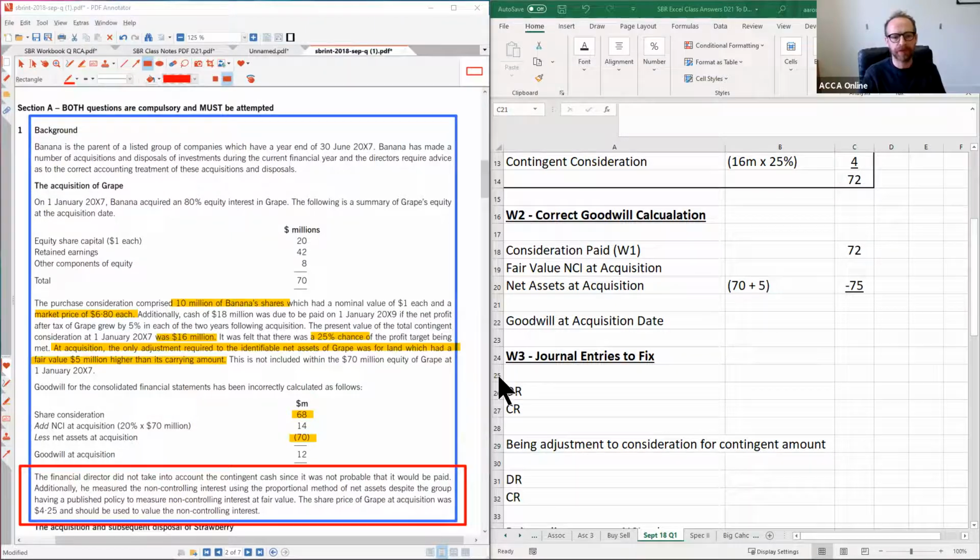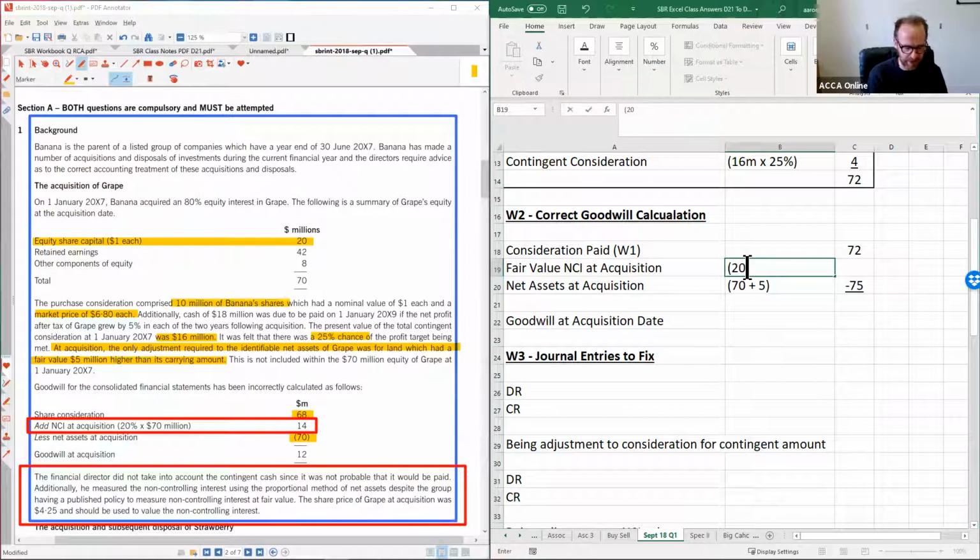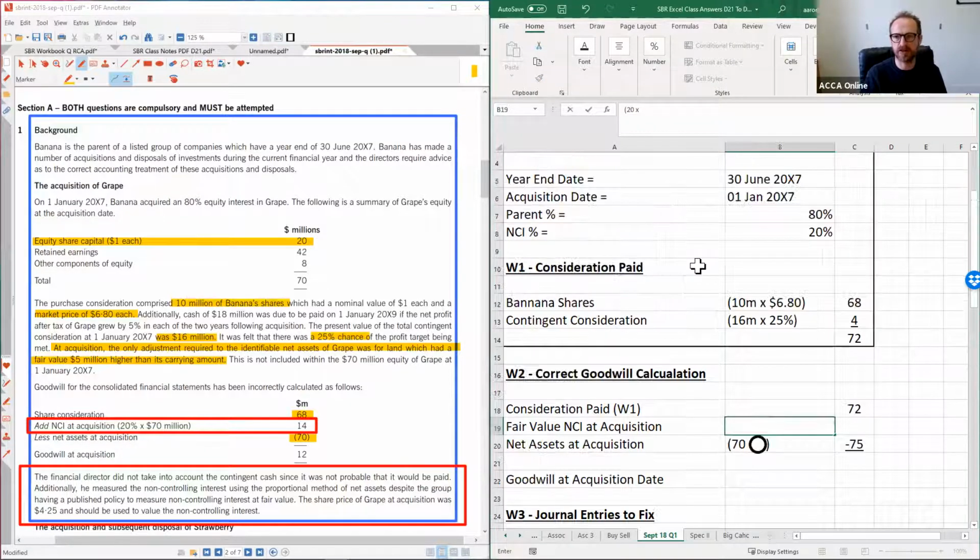Right, okay, so what does it say here? It says that they have incorrectly used the proportional method in here. So they have taken 20% of the net assets, when actually it's their policy to use the fair value. Fair value is number of NCI shares times the share price. To get the number of NCI shares, we need to take the share capital, so $1 shares, 20 million. We need to multiply that by the NCI percentage, which is 20%.